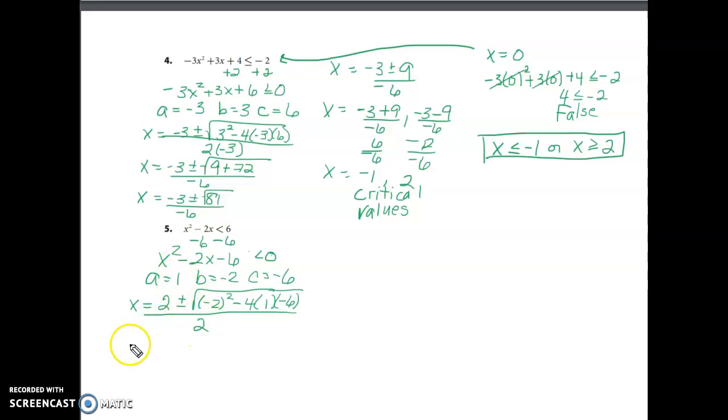2 times 1 is 2. So then I'm going to simplify from here. 2 plus or minus the square root of 4 plus 24, because I have a double negative, all over 2. X is equal to 2 plus or minus the square root of 28 over 2.